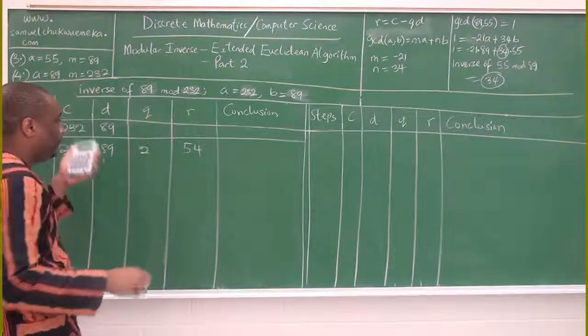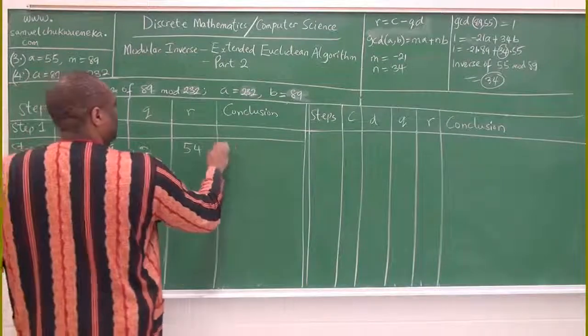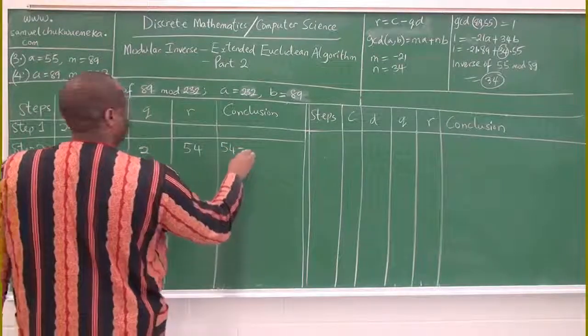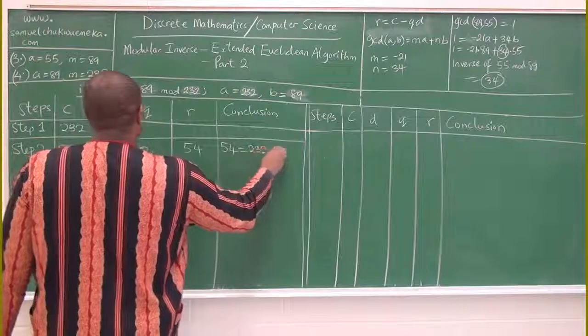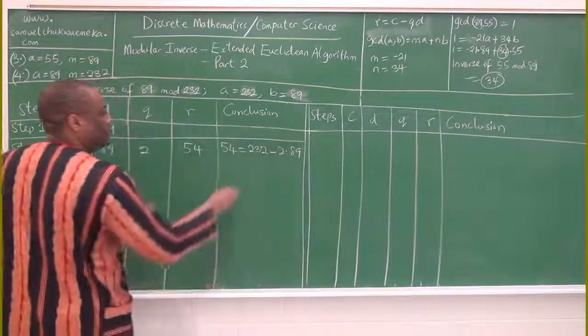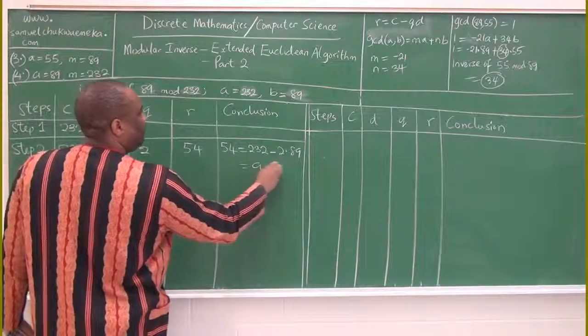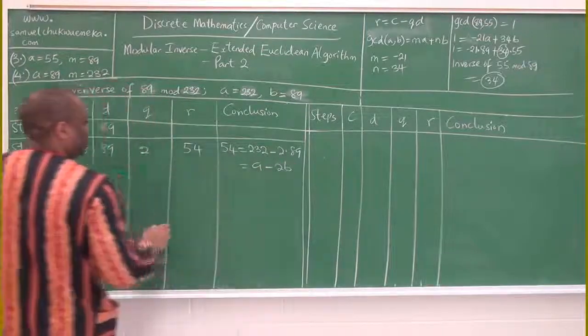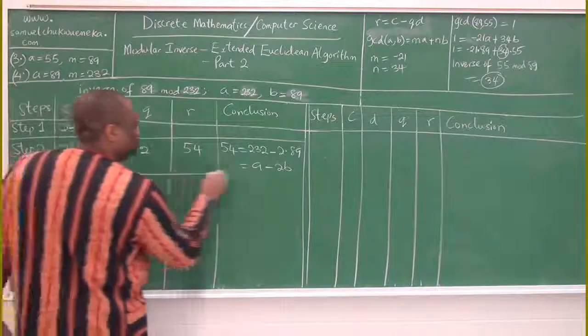Okay? So this means that 54 is equal to 232 minus 2 times 89. So this will be equal to A minus 2B. Okay? That's our step 2.